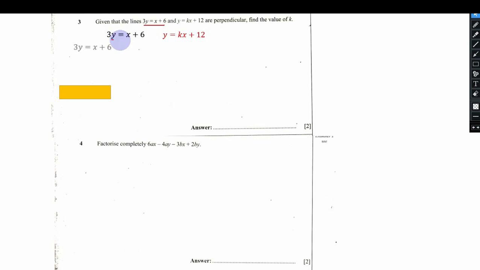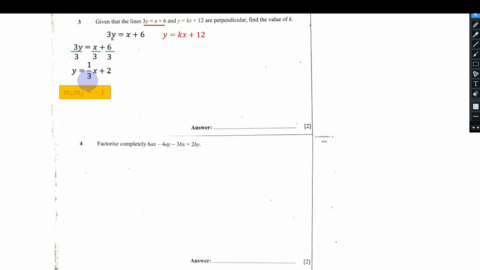I've split them because I want to be able to identify my gradient. So my gradient now, I've found, is 1 over 3.